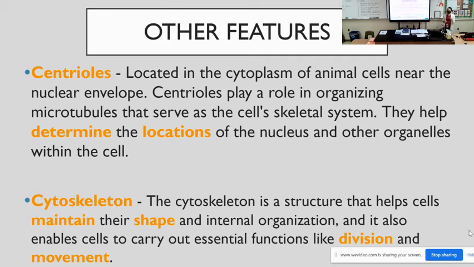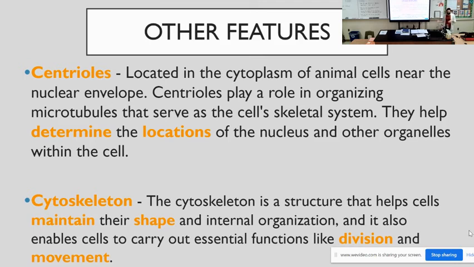The centrioles are kind of like braces or pillars that also help determine the locations of the nucleus and other organelles and kind of hold them in place in that cytoplasm. So they're not just moving around everywhere, they're kind of at a specific location.